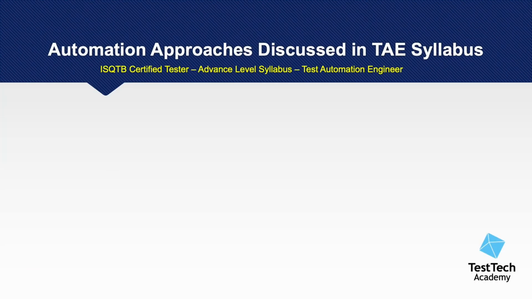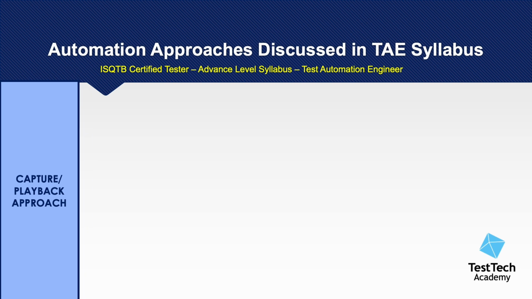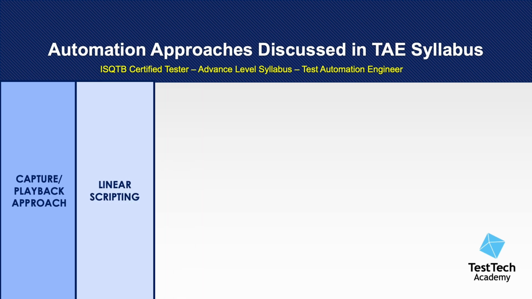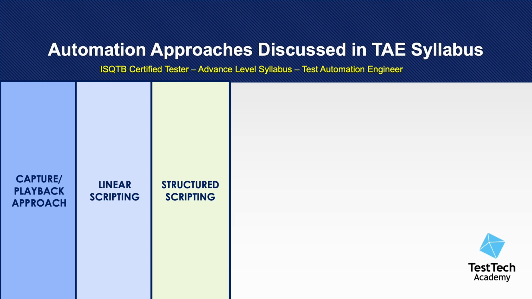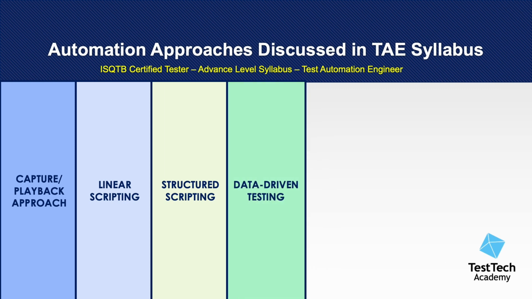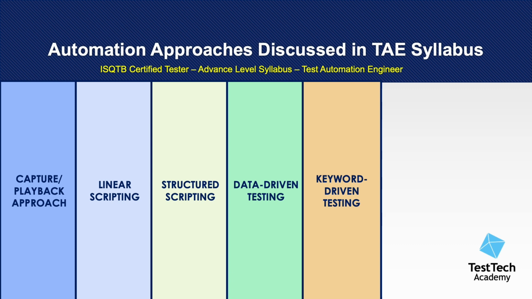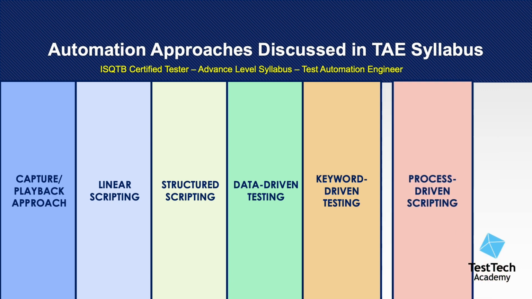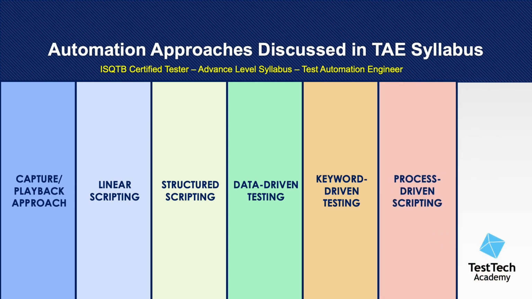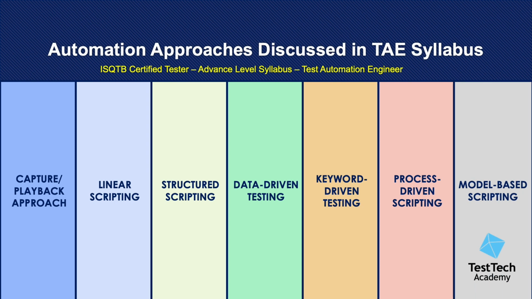Let's now go through which approaches are mentioned in the syllabus. There are 7 approaches in total, and these are capture playback approach, linear scripting approach, structured scripting approach, data-driven testing, keyword-driven testing, process-driven scripting, and model-based scripting.